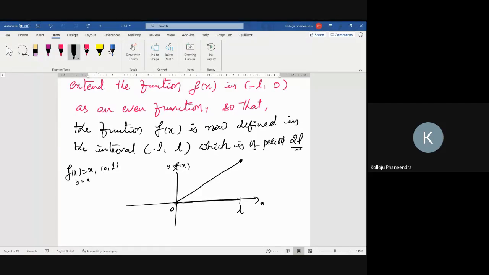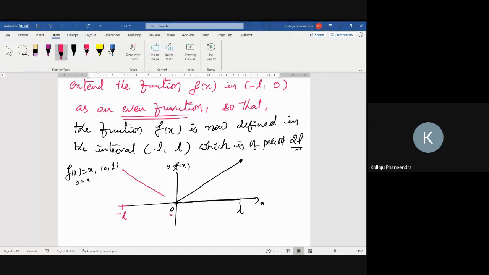But I need the Fourier series expansion. So for that, what we are doing, extend the function in the interval minus L to 0 as an even function. This is important. As an even function. Even functions are always symmetric about the y-axis. As an even function in minus L to 0, its shape is also a straight line.